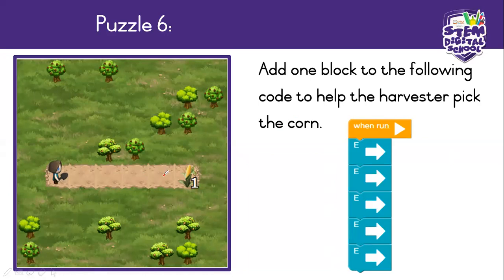So if she's going to move, she needs to move 1, 2, 3, 4, 5 times. Let's see if there are 5 blocks. 1, 2, 3, 4, 5. But what is the last block that we still have to add to this code? Who can tell me? I'm going to ask, let me see, Ubichi. I'm unmuting on my side.